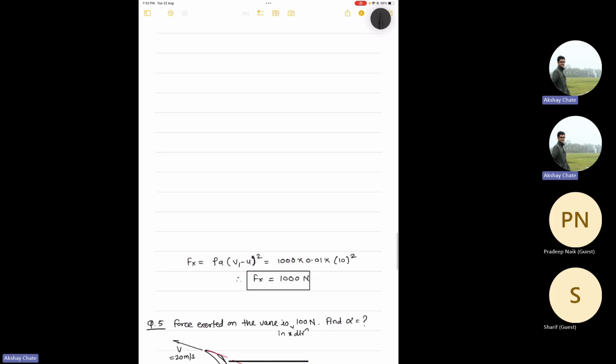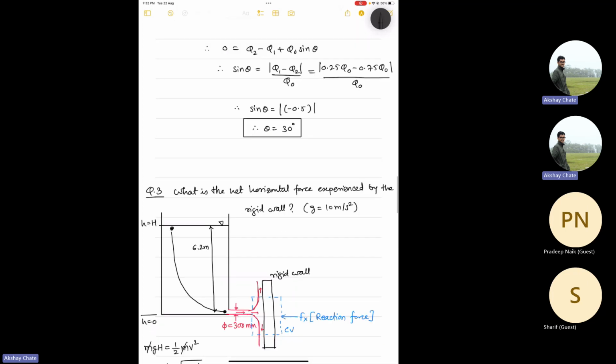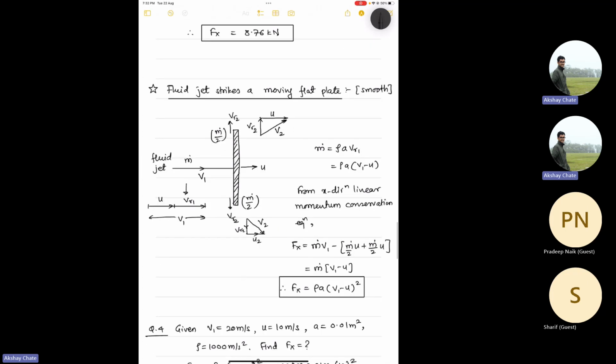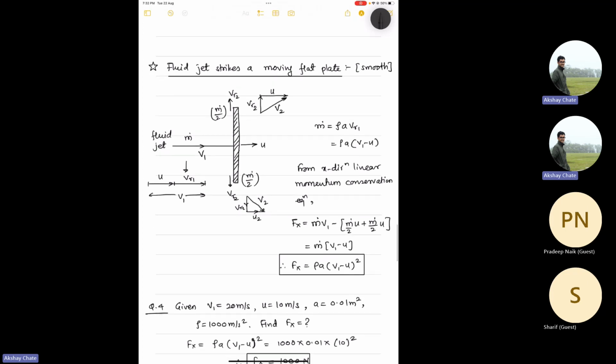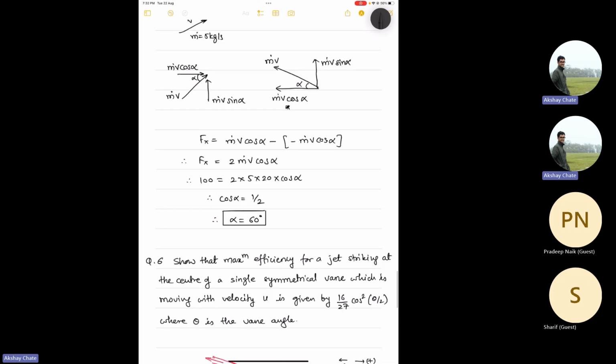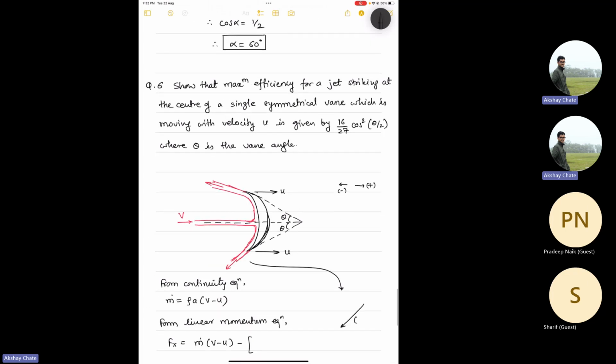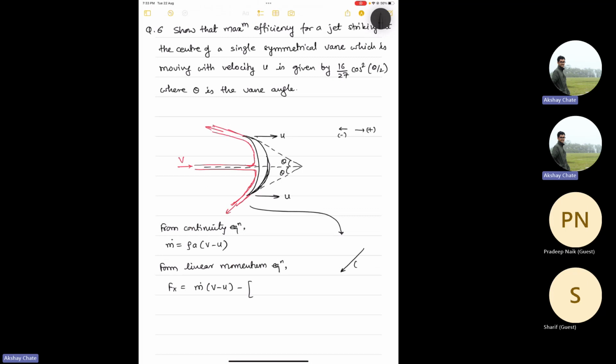This thing you can see, right? So you had relative velocity, which is v minus u at the outlet. And since this is a smooth plate, v1 and v2 are the same. So VR2 will be v minus u at the outlet in this case.